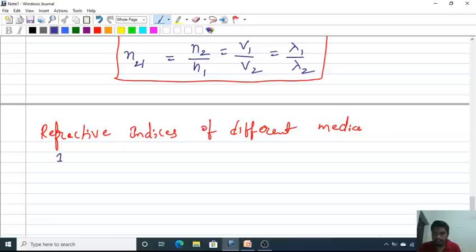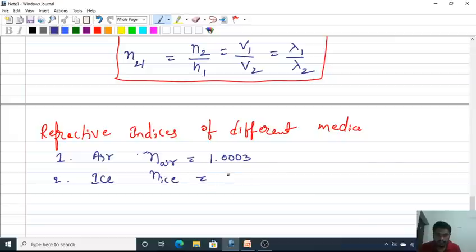So I am taking a few examples here. For air, all the refractive indices are compared to vacuum, so these are absolute refractive indices, with respect to vacuum. The refractive index of air is equal to 1.0003.